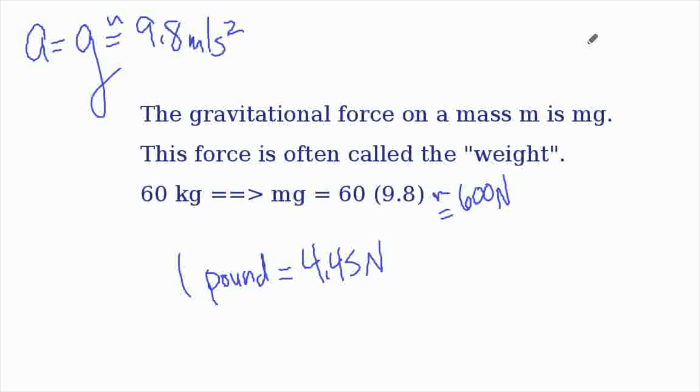So when you go to the store and you buy a pound of apples, you could just as likewise say that you're buying about 4 or 5 newtons worth of apples. That would be about the same thing, 4.45 newtons worth of apples. So there's the formula for that. You might want to find what your weight is in newtons.